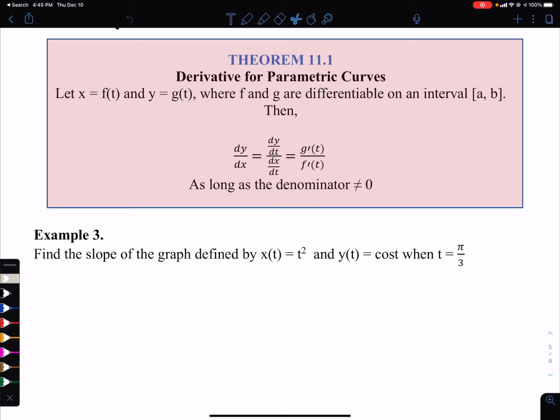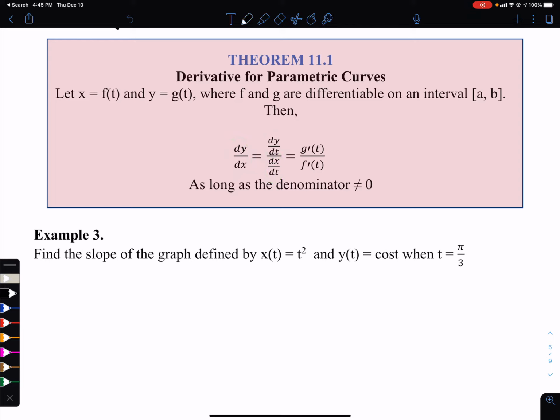So this will be the next topic for the section, Theorem 11.1, derivatives for parametric curves. So you have a parametric equation defined with x and y with your parameter t. Now, if you want to find dy dx, it's going to be dy dt divided by dx dt.